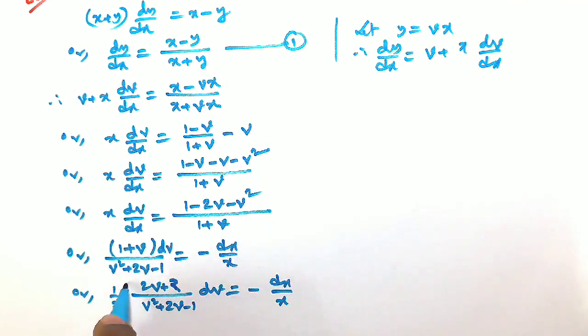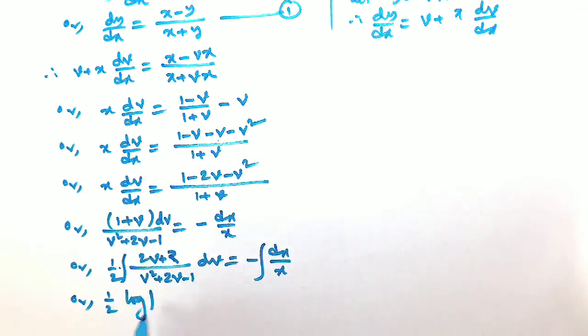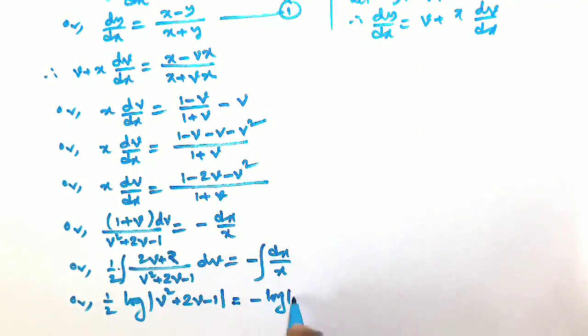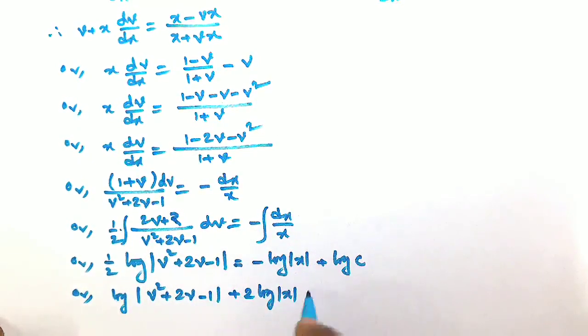So friends, we can take the integration sign here, and this will obviously be half log of modulus v square plus twice v minus 1, and on the right side similarly, this is minus log of mod x plus say log of c, and this step is log of v square plus 2v minus 1 plus twice log of mod x is equal to twice log of c.